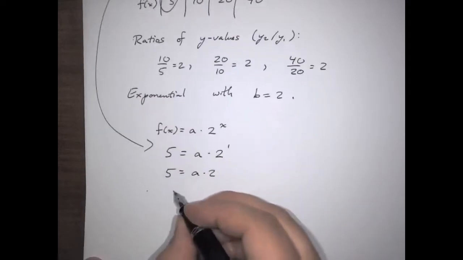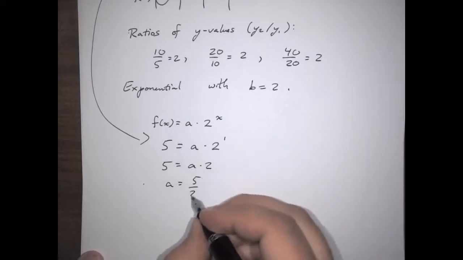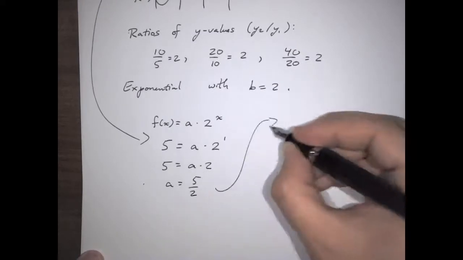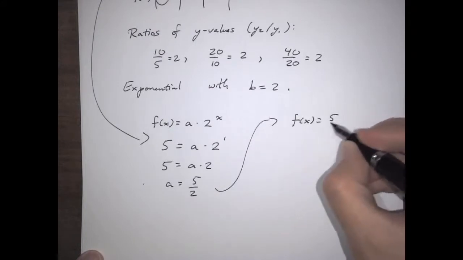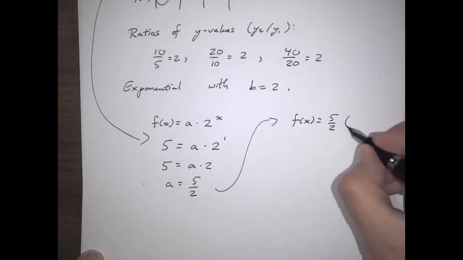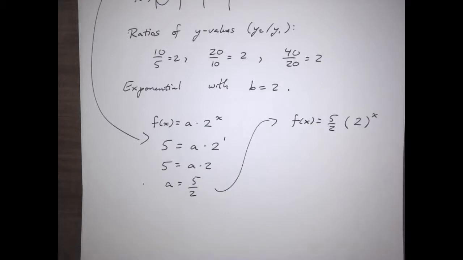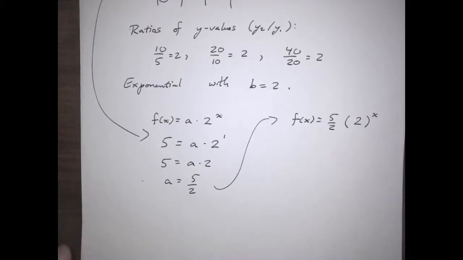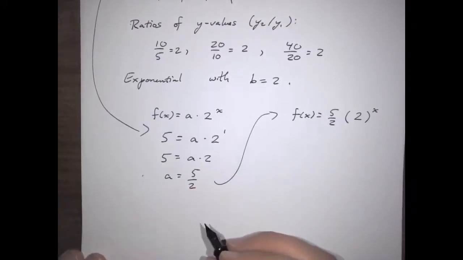Divide both sides by 2, and you get a equals 5 divided by 2. And that leaves us with a formula, f of x is equal to 5 over 2 times 2 to the x. So this is what it looks like when it is an exponential function, and this is how you would go about it.